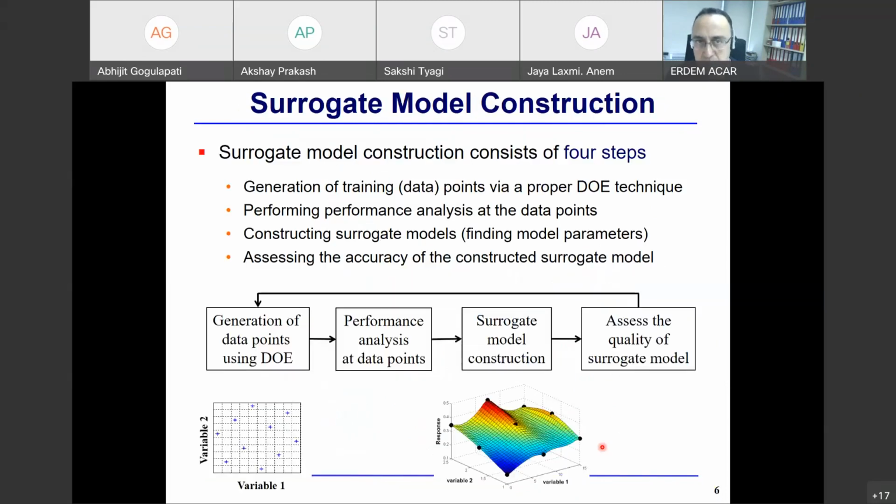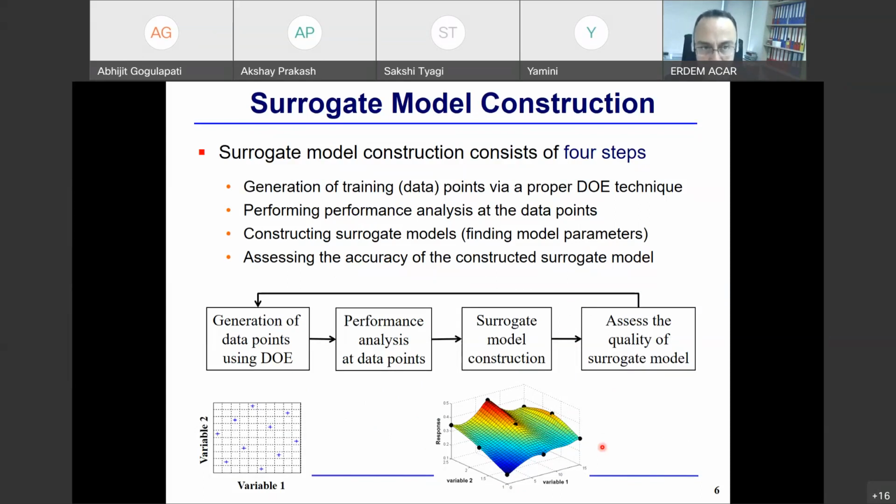How do we construct a surrogate model? This is the question. Surrogate model construction consists of 4 steps. In the first step, we generate some training or data points by using a proper design of experiment technique. And then we perform some performance analysis using either finite element analysis or CFD analysis at these data points or training points.